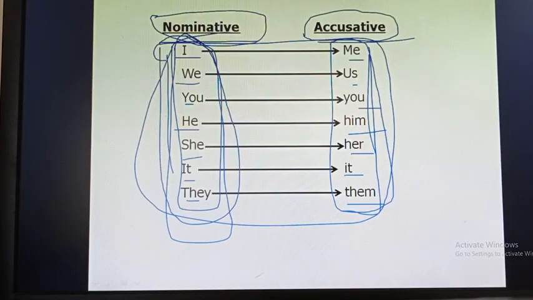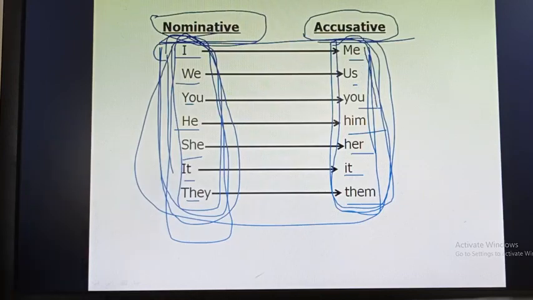And on the right side, the accusative case, me, us, you, him, her, it, them, are not used as subjects, rather they are used as the receiving person. The action is acted upon them.